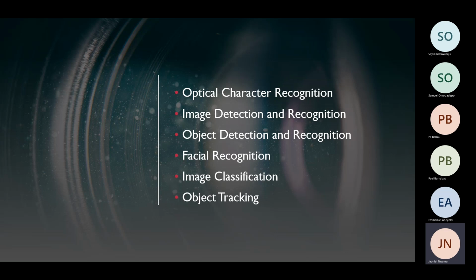Even though I have 20 different fruits, it will identify just the mango or just the orange that I have told it to identify. So that's the very little difference between image recognition or image detection and object recognition and object detection.